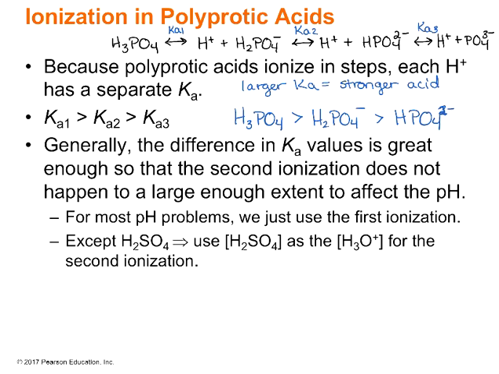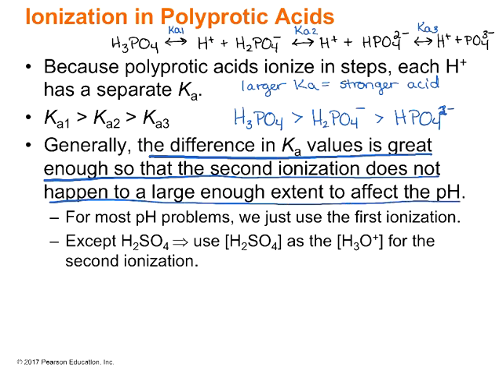Now, generally, the difference in acid ionization values is great enough that the second ionization does not happen to a large enough extent to affect the pH. A different way of saying that is that first loss of hydrogen is so easy to do that any other losses of hydrogen are going to be negligible and less likely to occur.